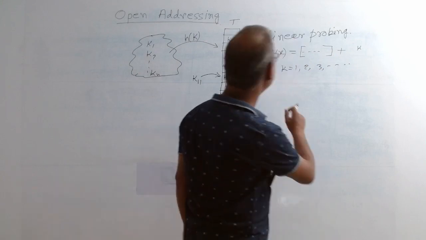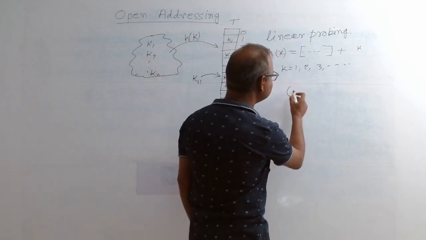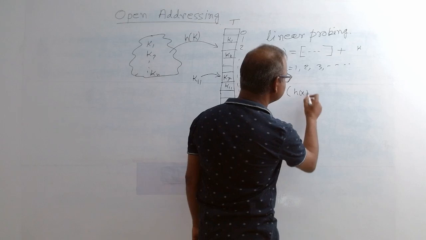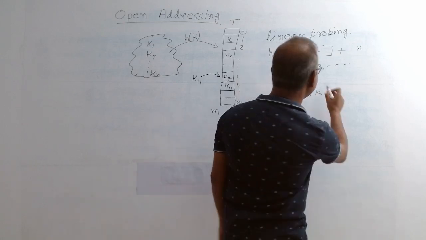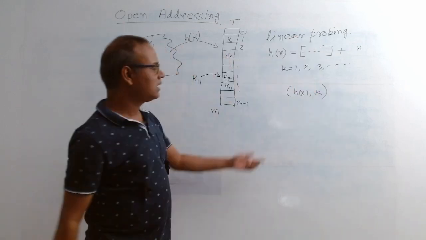So we will increase k, and we can write the output of the index as h(x, k). That is the better representation.